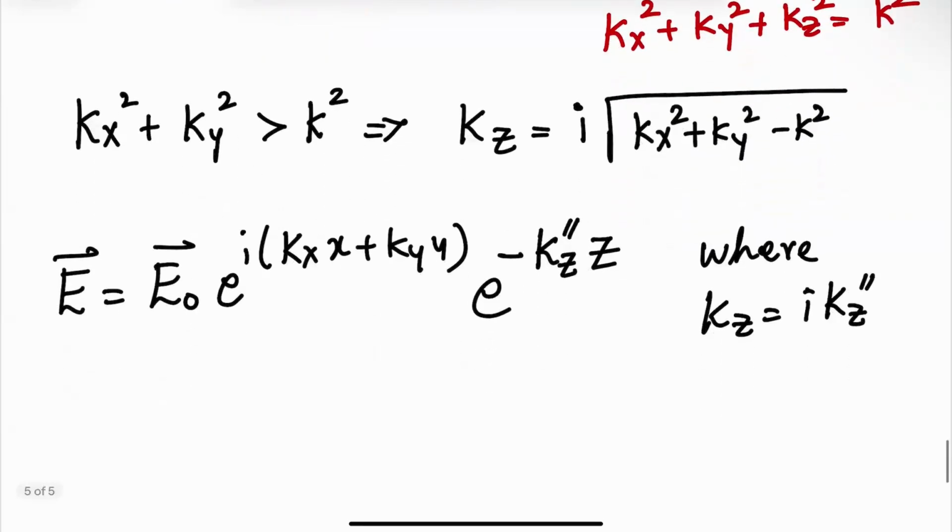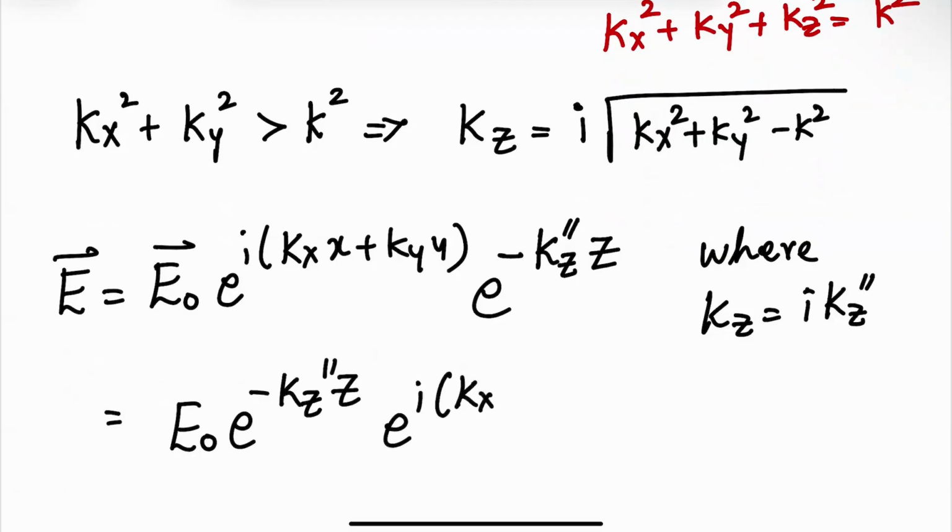So what does this mean? This looks like exponential decay in the amplitude. If I rewrite this, I get E naught, e to the minus kz double prime z, times e to the i kx x plus ky y, times E naught hat.